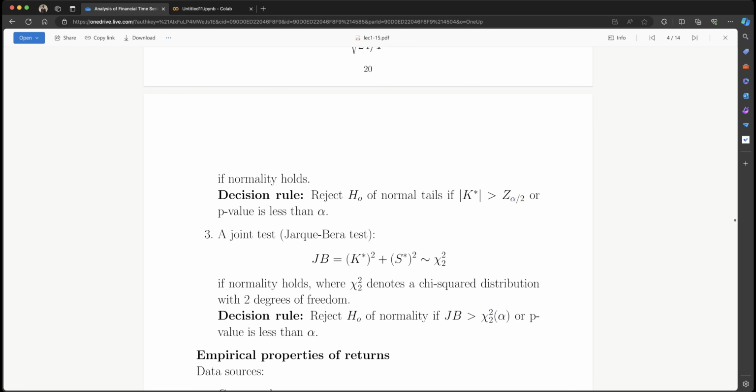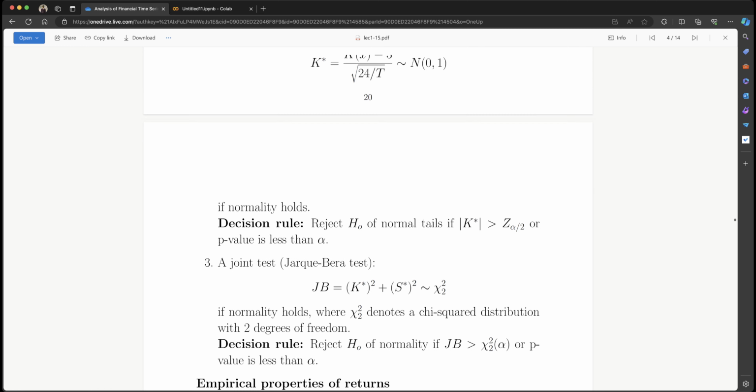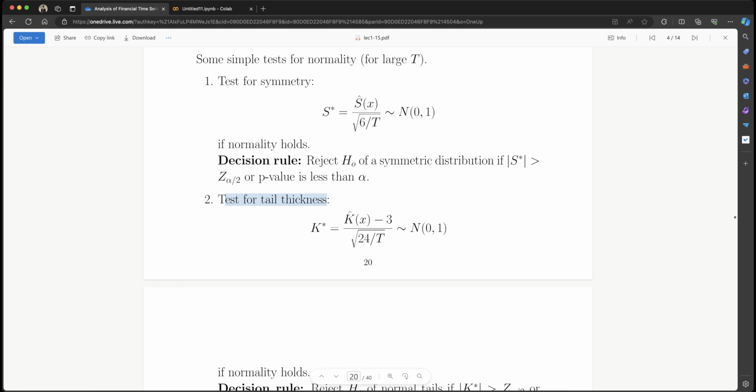Then we have a very famous test, the Jarque-Bera test. Under the normal distribution, we know S star is from N(0,1), standard normal distribution, and K star is standard normal distribution. If we square standard normal variables, the distribution becomes chi-square distribution.